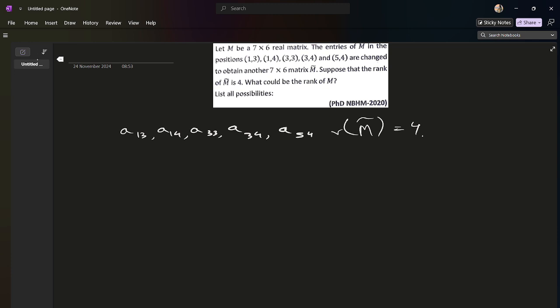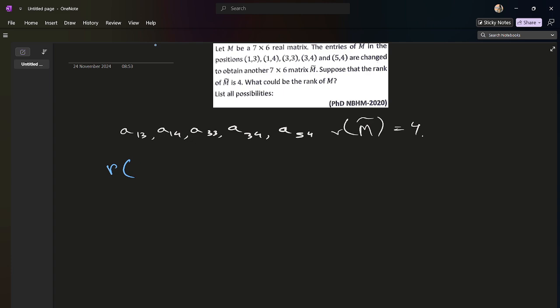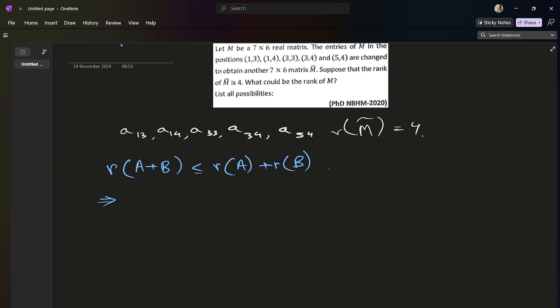We know that rank of A plus B is less than or equal to rank of A plus rank of B. Then we can use it in our question in another manner, that rank of M will be less than or equal to rank of M minus M cap plus M cap.